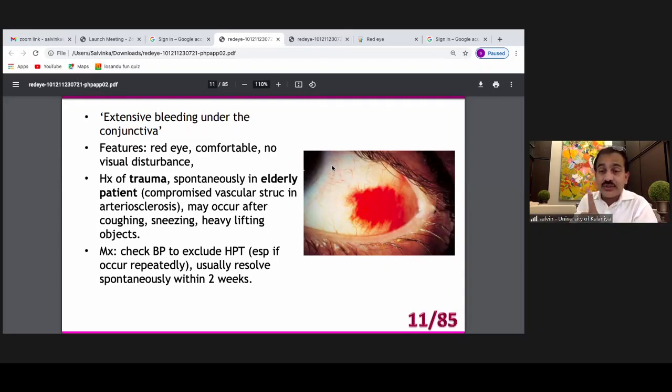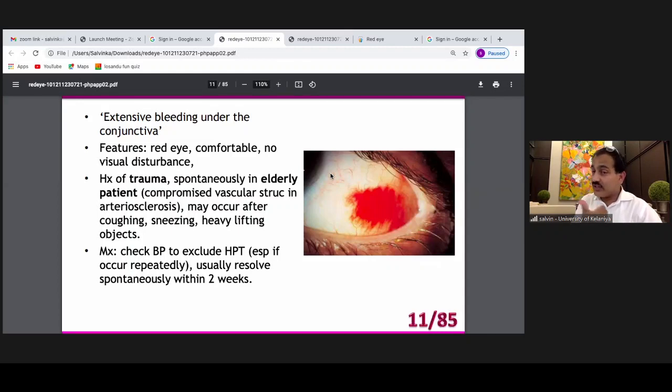If you get the inflammation and redness more around the cornea, around the limbus, we call it circumcorneal injection, or inflammation around the cornea or limbus. That indicates the cause for the inflammation is coming from inside the eye, not from the conjunctiva. So it is very important to see.